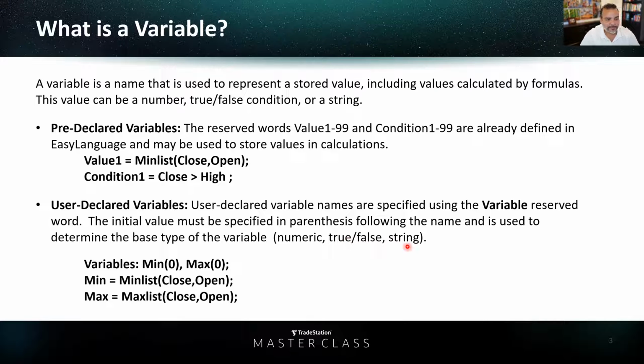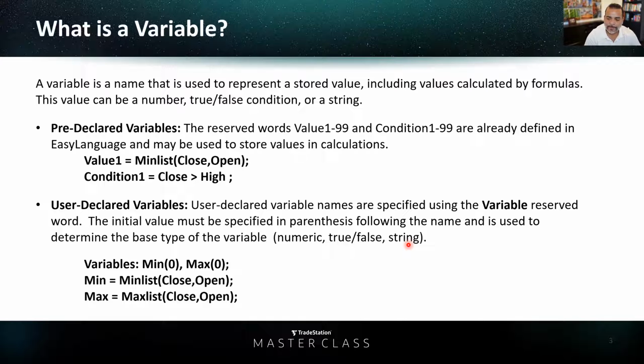And string, you don't see that many string variables inside of the platform, but string is when you want the variable to hold text. And the way that you initialize a variable that's going to hold text is by putting a set of quotation marks inside parentheses, which is pretty cool because when you see indicators like columns inside of a radar screen that show a particular name, we see that many times.